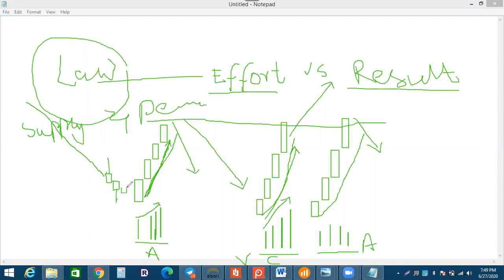This weakness shows that supply ends here. This weakness shows that the supply of the sellers ends here. That is the cause: buyers increase the demand and they raise the price. So what is the cause? Sellers are getting weak. That's why this trend is going in the up direction.